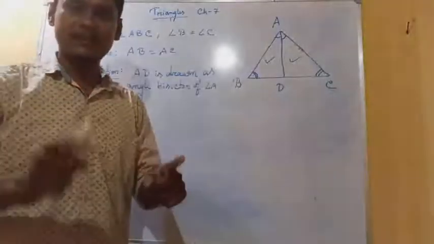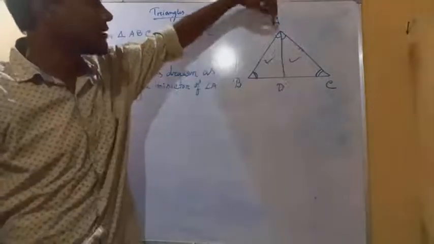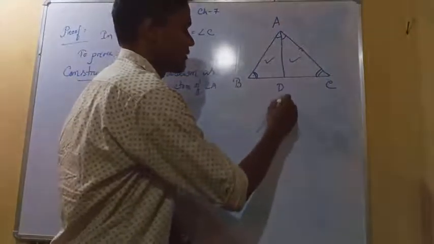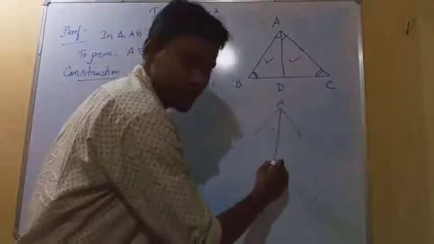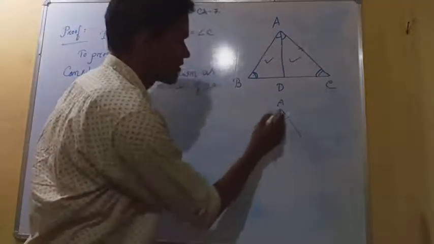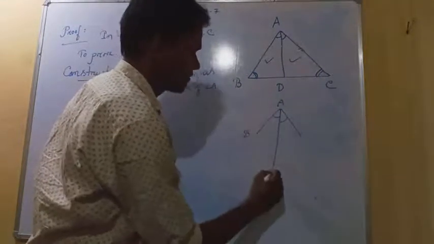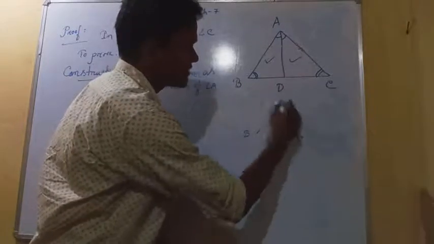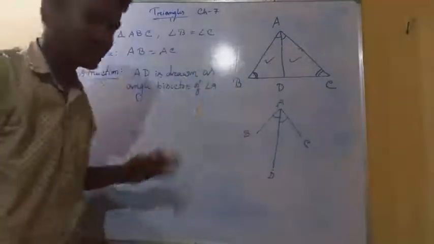Once again, angle bisector means the whole angle A is divided into two equal parts. This is angle A, this is the bisector line, and this is B, this is D. Angle BAD is equal to angle CAD. That is what it means.